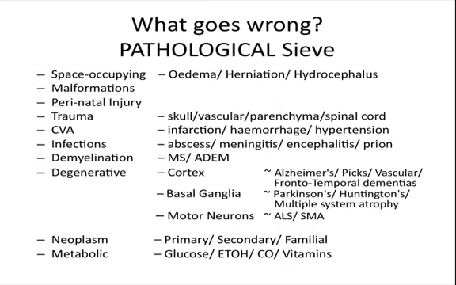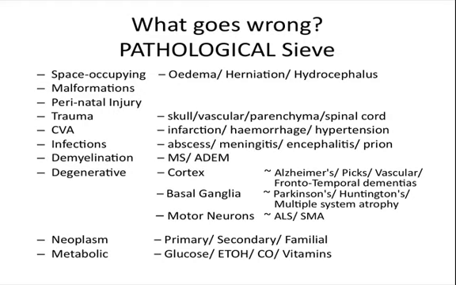Now, the final way that I haven't really mentioned of thinking about neurological problems is the pathological sieve. So if you prefer to think about the pathological processes that are going on, so space-occupying lesions, that's going to be things such as herniation, edema, hydrocephalus. Or we can think about malformations or perinatal injuries in children.